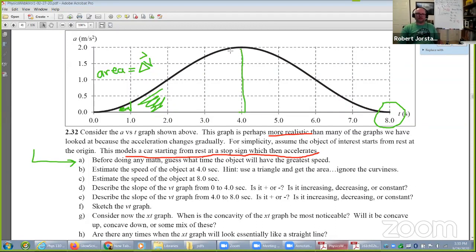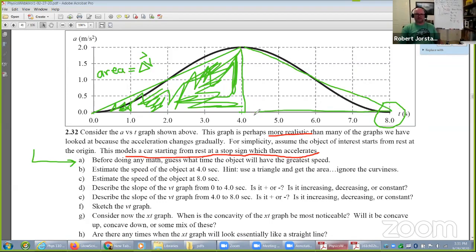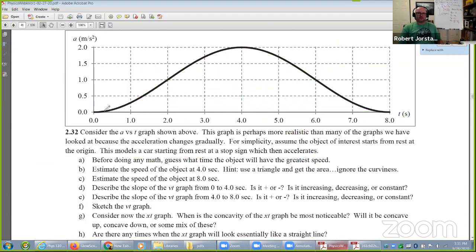And in fact, if you just draw a triangle there, all of this is basically a positive area. That's going to get you your change in velocity. Well, isn't this area over here also positive? It's also increasing. Another way to say it is this. Right here, your acceleration is small. Your velocity is changing not that much.